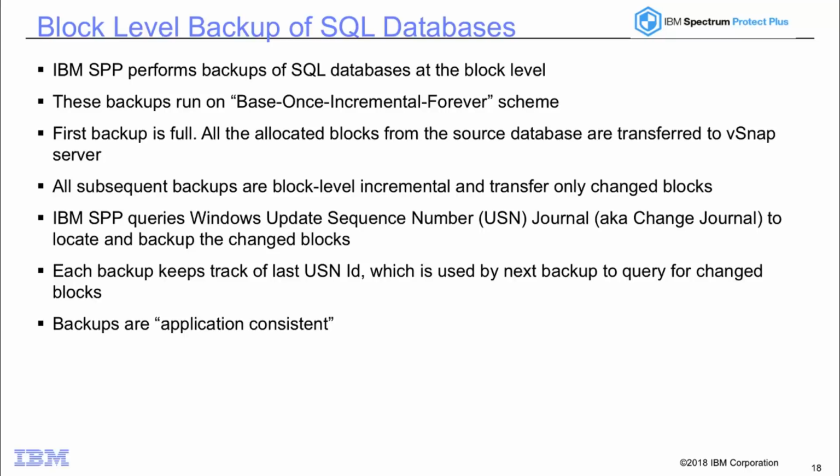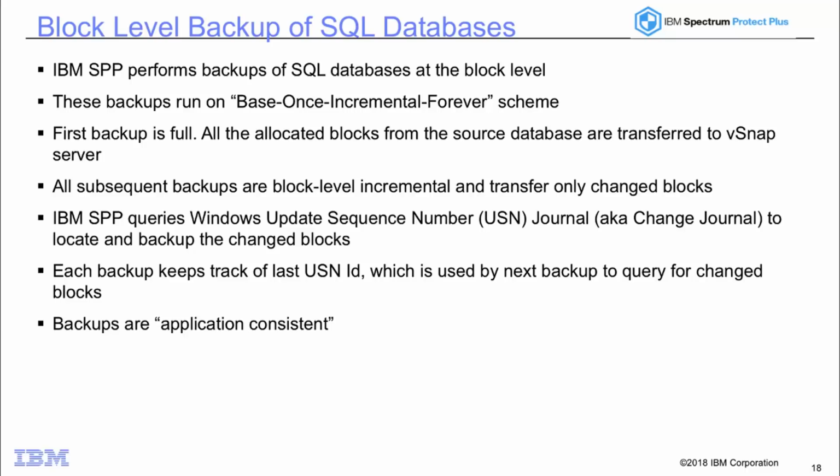Then after that first full, all the subsequent backups are going to be block level incrementals and transfer only the changed blocks. The way it achieves this is it queries the Windows Update Sequence Number, or USN journal, the change journal, to locate and back up the changed blocks.